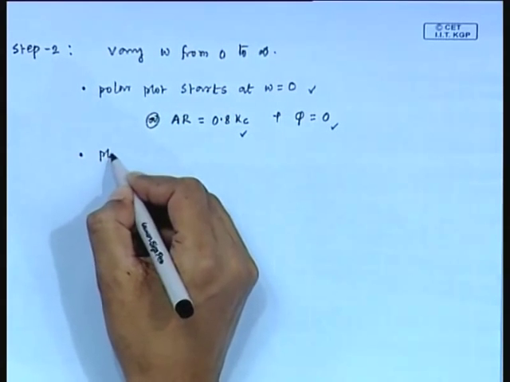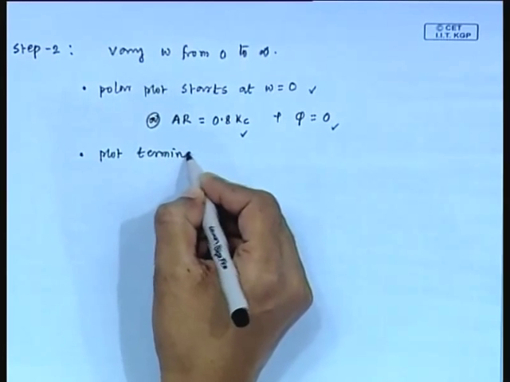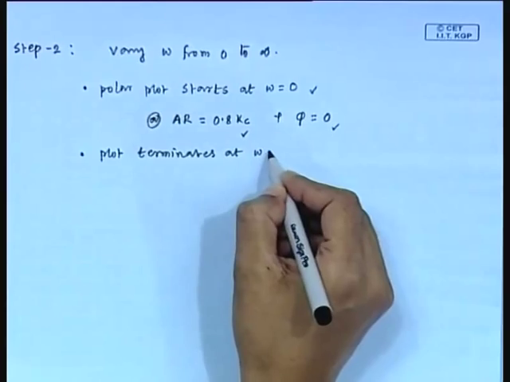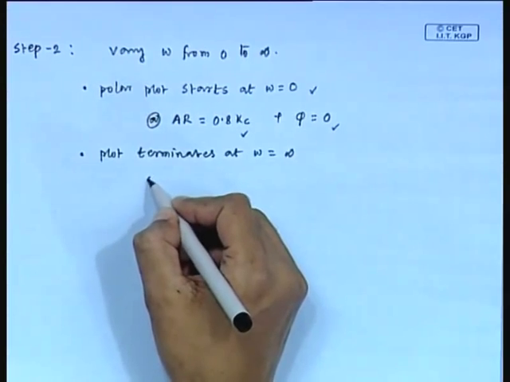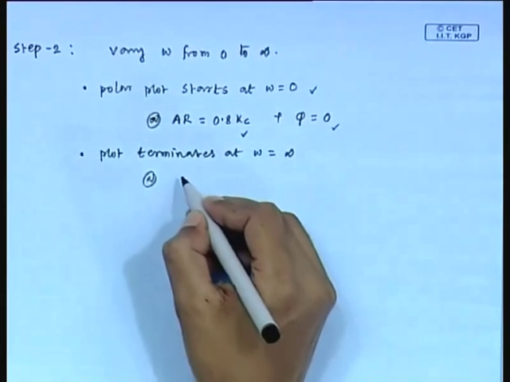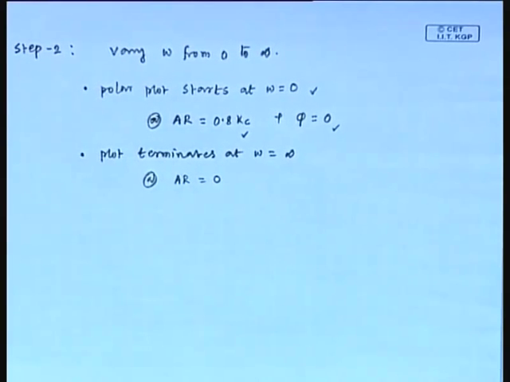Now, the polar plot terminates at omega equals infinity. When omega approaches infinity, the polar plot ends. So, when omega equals infinity, we obtain the corresponding amplitude ratio as 0.